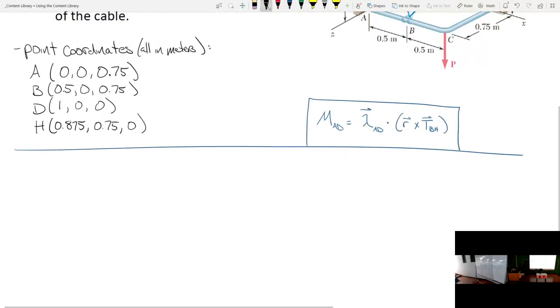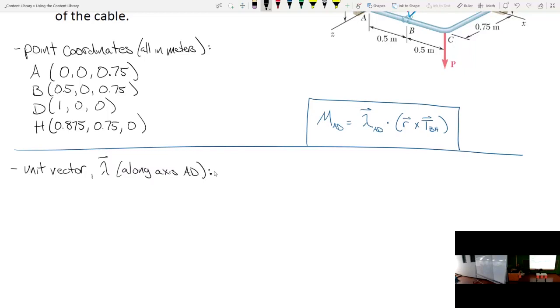So let's start with the unit vector lambda along the axis AD. Okay?